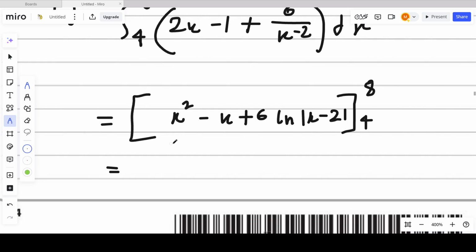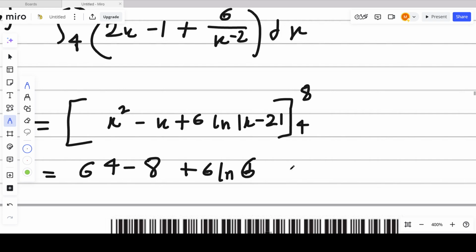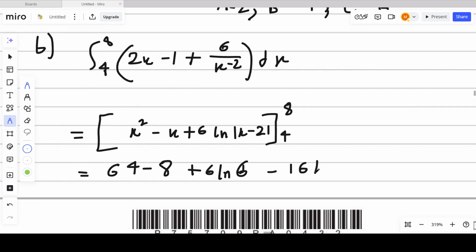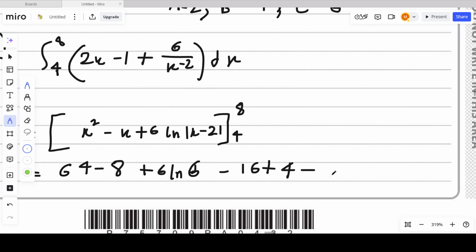Now put the limits. It is 8 squared, 64, minus 8 plus 6 ln 6, minus 4 squared which is 16, plus 4, minus 6 ln of 4 minus 2, which is just 2.